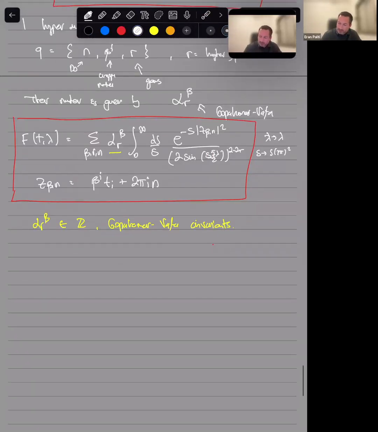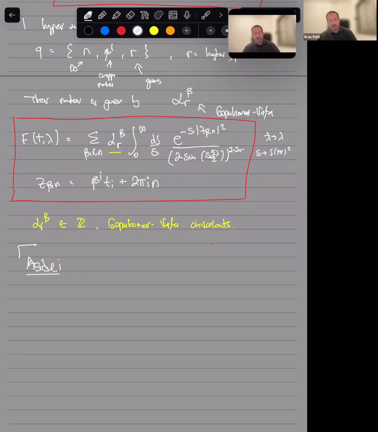But before that, let me do this aside, which I mentioned, to do with the subtlety of this electric field. As an aside, the subtlety is to do with the fact that when you want to do the trace over the Hamiltonian, you have to sum over the energy eigenstates.